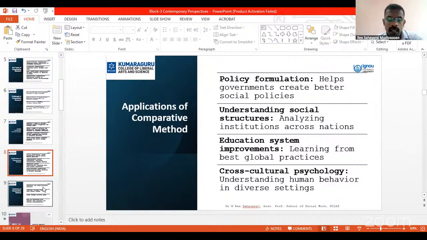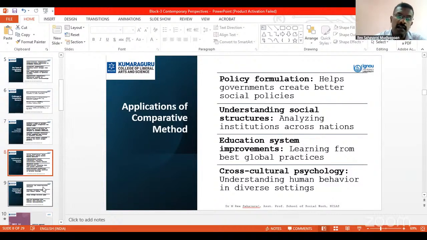Why is the comparative study very important? It is for policy formulation, and it helps in understanding social structures, education system improvements and cross-cultural psychology. When we do a comparative study, we support policy formulation because we understand distinct societies or government programs connected with social problems.